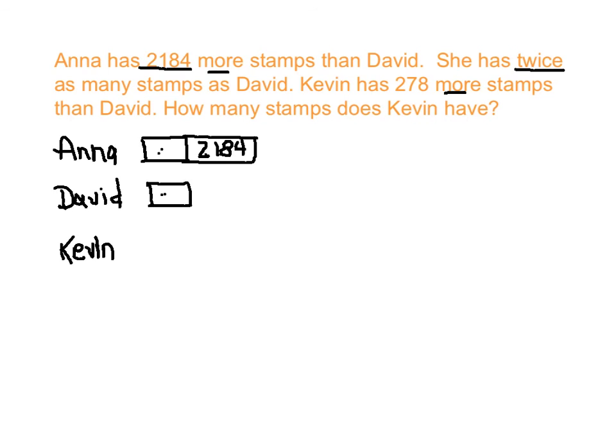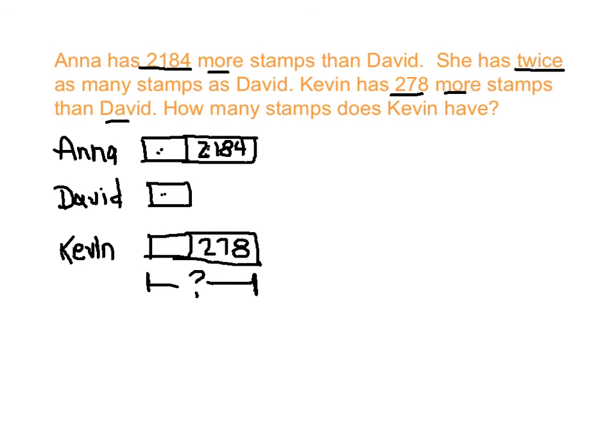Now let's go check out Kevin. Kevin has 278 more stamps than David. So we'll give Kevin this box, which we just discovered has 2,184 in it, but he's got 278 more than that. Now, how many stamps does Kevin have? So we want to know how many he has altogether. Okay. So I've discovered that because of Anna having twice as many, there's 2,184 in each box.